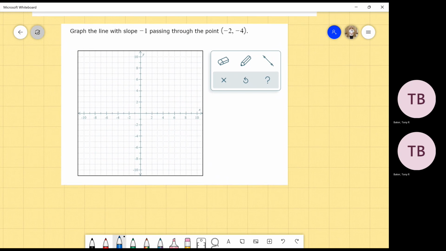All right, so this one, my point is -2, -4. So I'm going to go -2, -4. So I put my point right there.